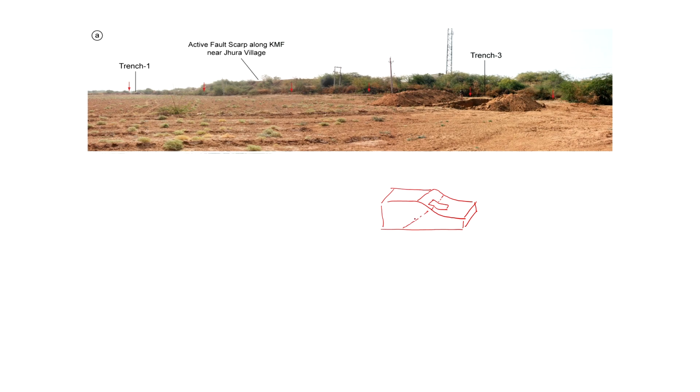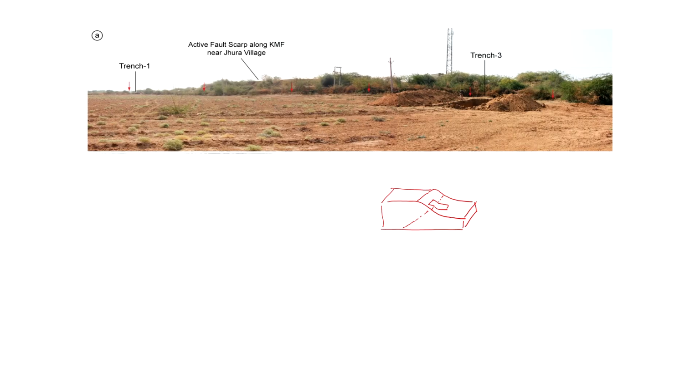At that point of time, when you have exposed the sections, you need to have a proper understanding of sedimentary and tectonic features. You need to differentiate between the unconformities which result from deposition or erosion and the tectonic unconformities resulting from displacement.